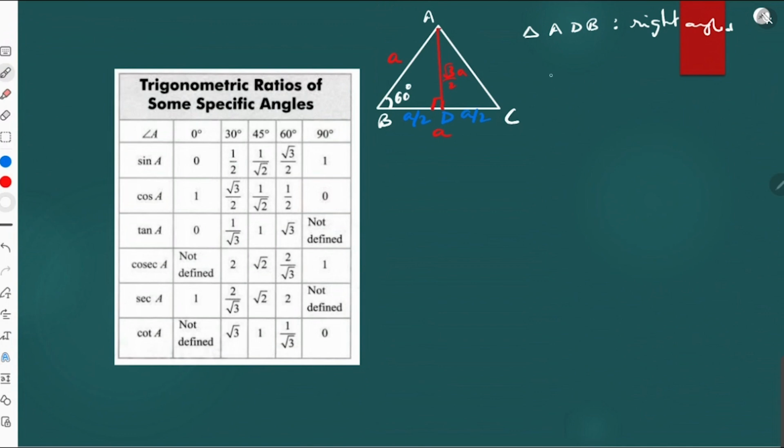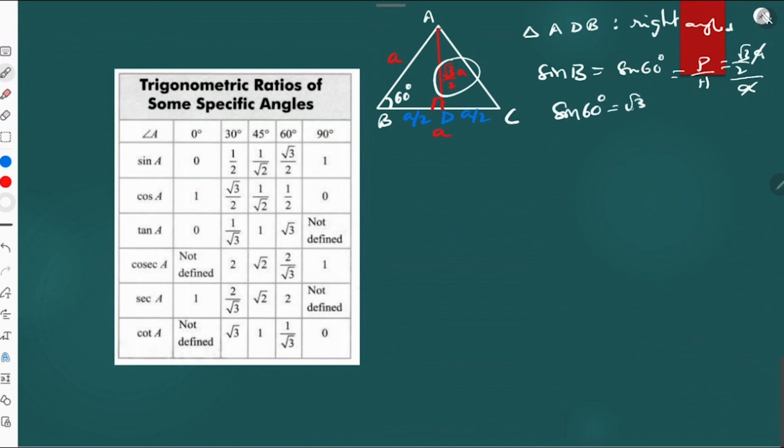So from that triangle, if you find sine 60 degrees, that is sine of angle B. What is the sine theta formula? Perpendicular by hypotenuse. What is the perpendicular here? Root 3 by 2a, divided by hypotenuse, which is a. So a gets cancelled, and you get sine 60 value is root 3 by 2.